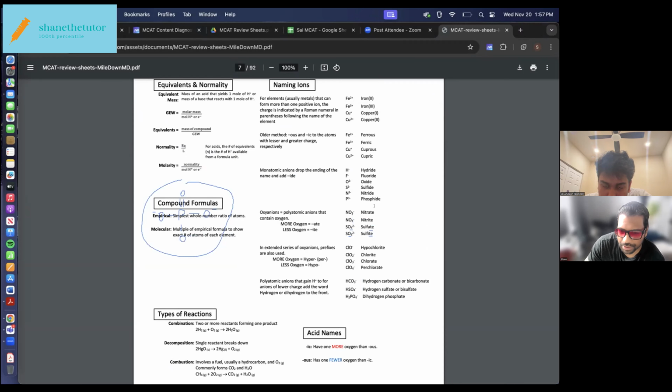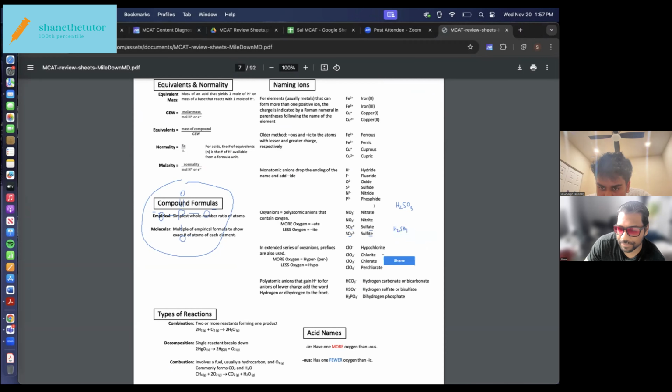But what would this be called? I don't think it would be sulf... hydrogen sulfite, well, it's a type of acid. So sulfuric acid, if it was H2SO4, it would be sulfuric acid.